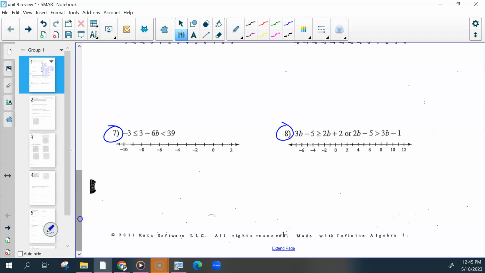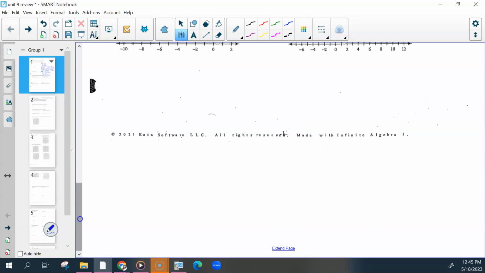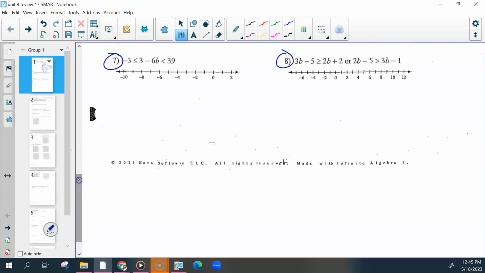For the ands, it's all condensed together. And you're trying to solve it all together, trying to get the variable out of the middle by itself. So you would get rid of everything else. Subtract 3 to all sides. Divide everything by -6.